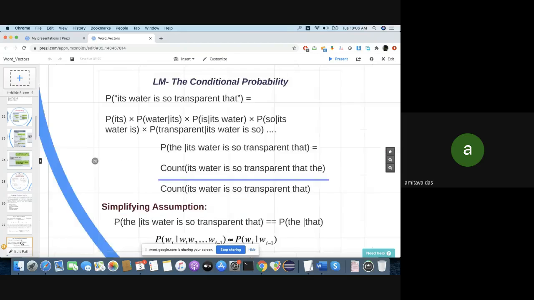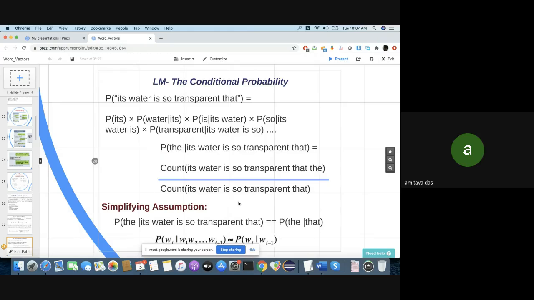Now there are a lot of problems with this. Let's say we are trying to calculate the probability of this sequence: if water is so transparent that. I'm trying to understand the probability of which word will occur after this whole sequence. So definitely we have to count the whole sequence: the count of if water is so transparent that, divided by the count of if water is so transparent.